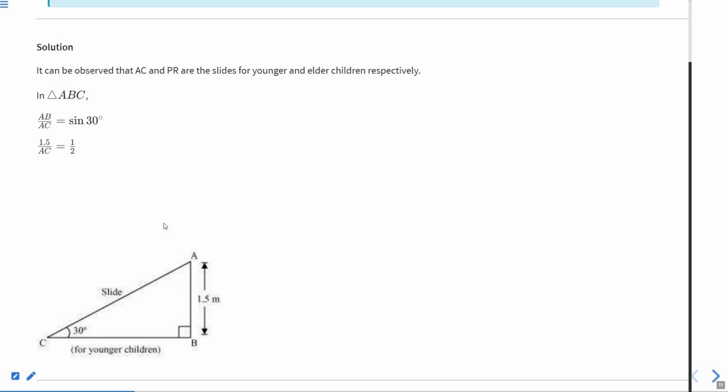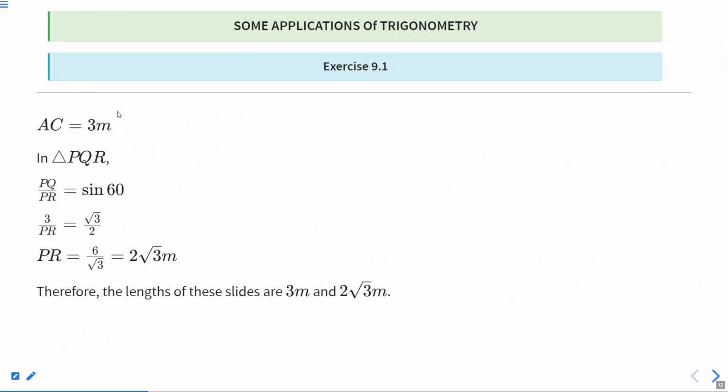So in triangle ABC, AB by AC is equal to sine 30 degree, and it implies 1.5 by AC is equal to 1 by 2, since AB is equal to 1.5 meter. So 1.5 by AC is equal to 1 by 2, and it implies AC is equal to 3 meter.